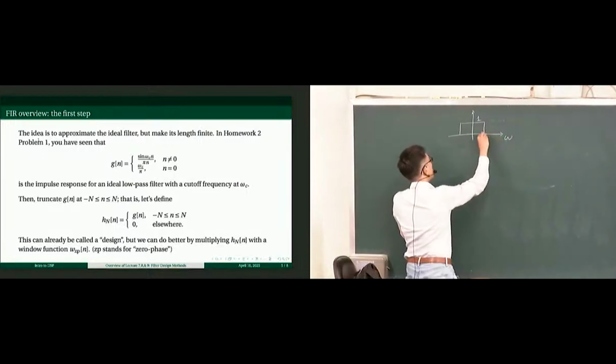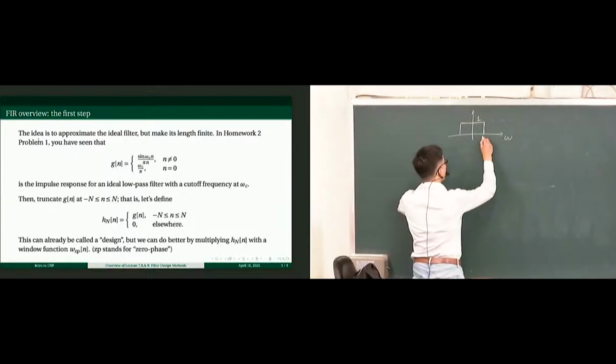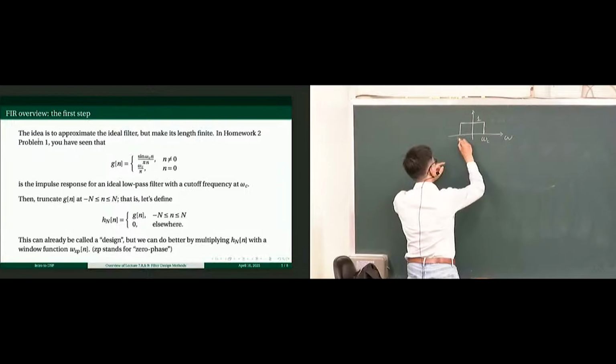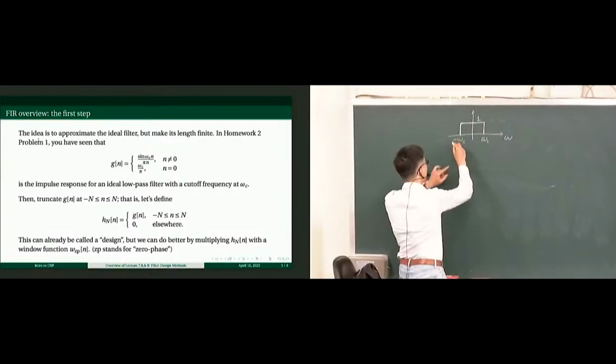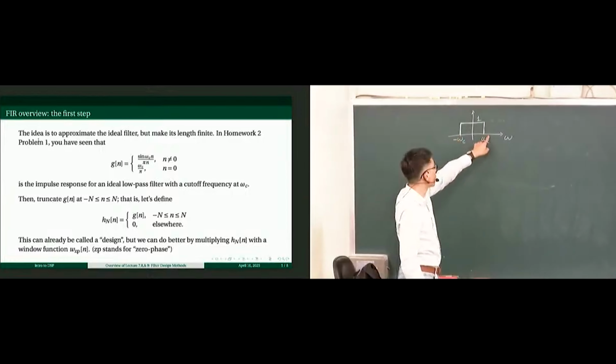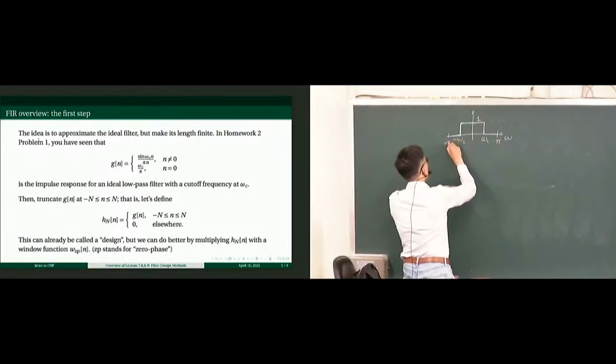If we specify a discrete-time spectrum, a DTFT, which is uniform within a frequency range, 1 within this range and 0 elsewhere, from here to pi, from here to minus pi.